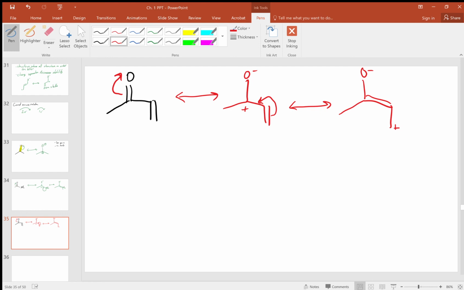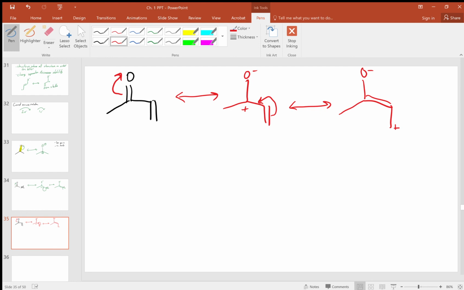So overall, what we're looking for in these types of situations is how we move electrons. We can move only pi electrons and lone pairs. It's always easy to move electrons to carbocations, or cations in general, but usually carbocations. And anions are usually going to be willing to give up electrons.